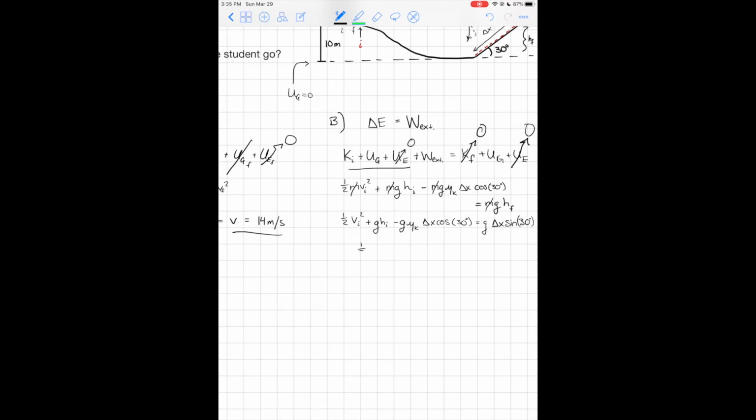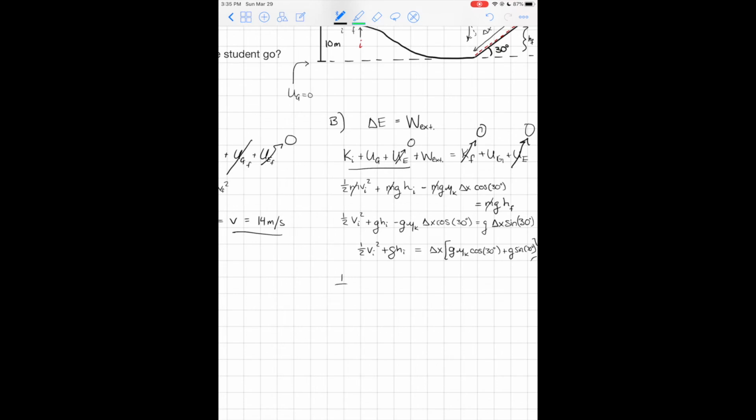I have 1/2 v_i squared plus g h_i equals my delta x times the quantity of, let's see, g mu_k cosine of 30 degrees plus g sine of 30 degrees. Ooh, running out of room. And so I divide that by both sides.